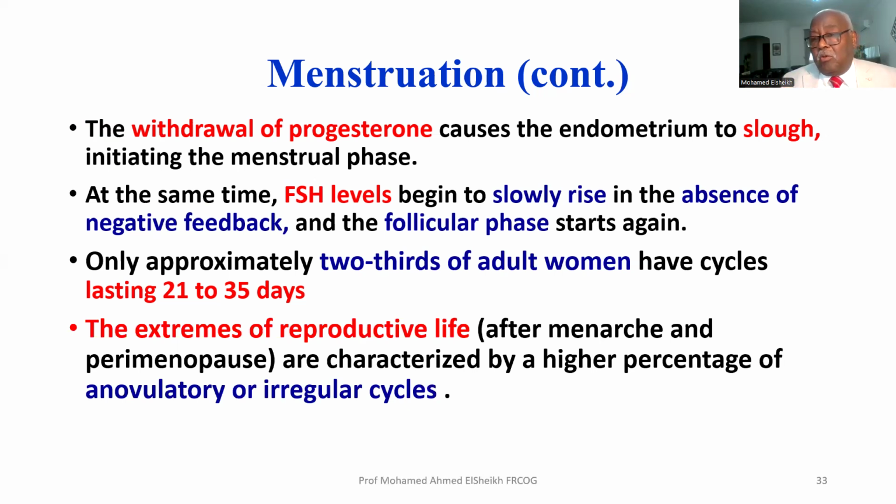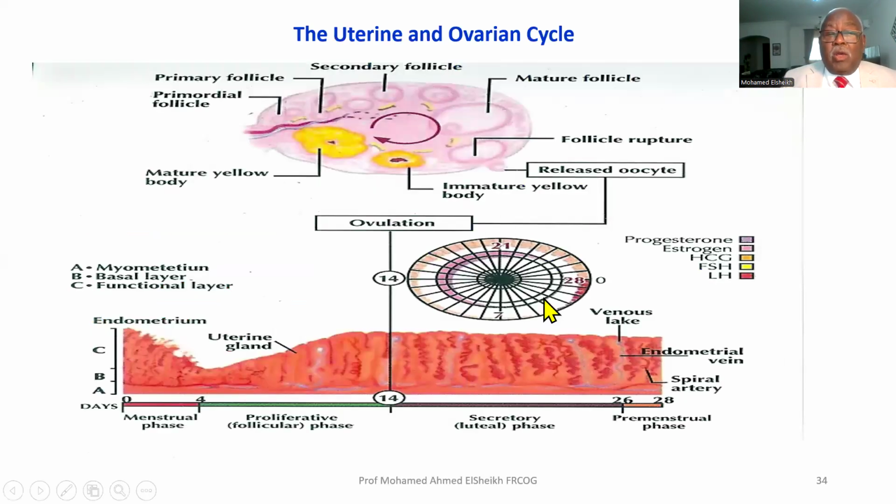Anovulatory and irregular, because of the changes that occur at the ovary and the changes that occur at the uterus. So you can look here and see the uterine ovarian cycle, very simple.